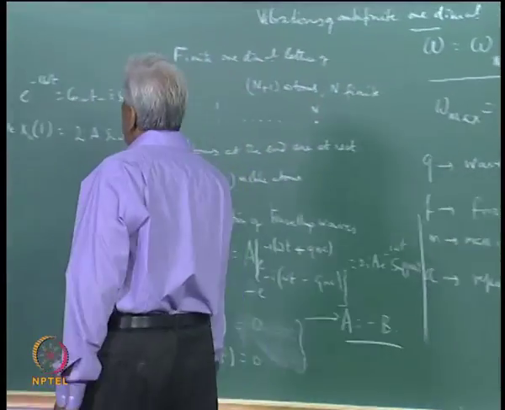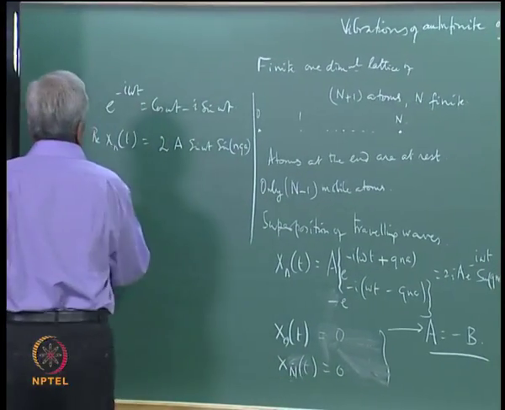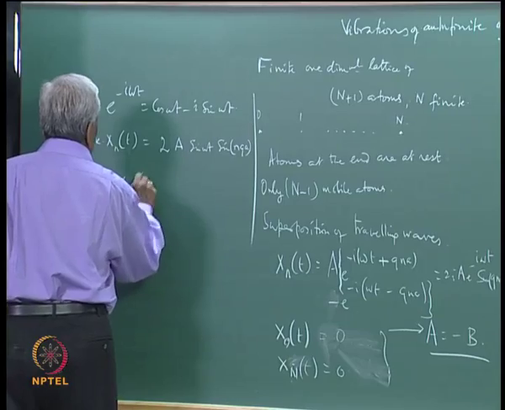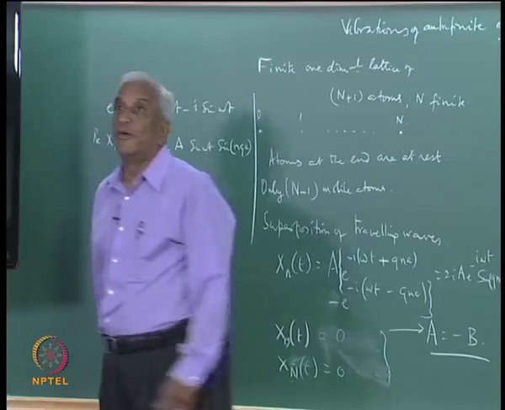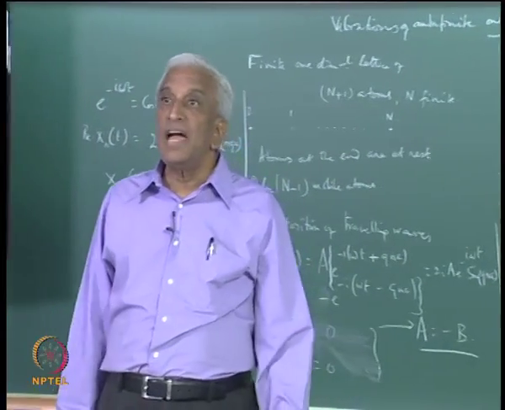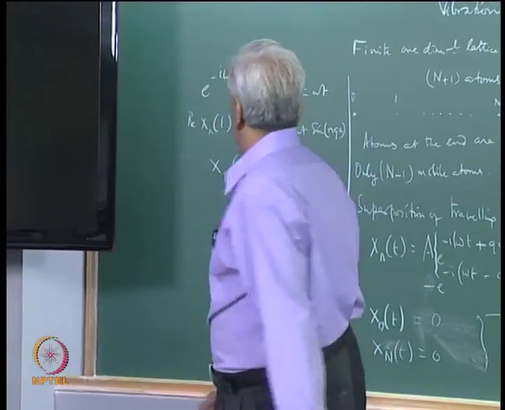Now, we apply the second boundary condition, namely x n of t also is 0. So, the nth atom is also at rest.